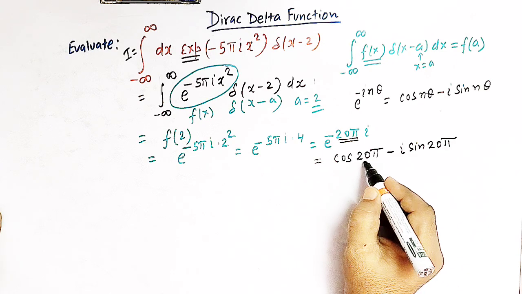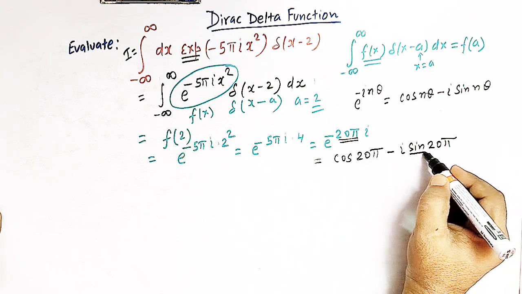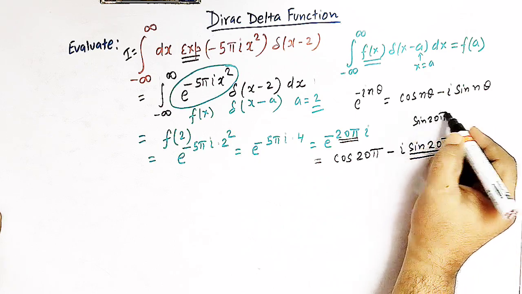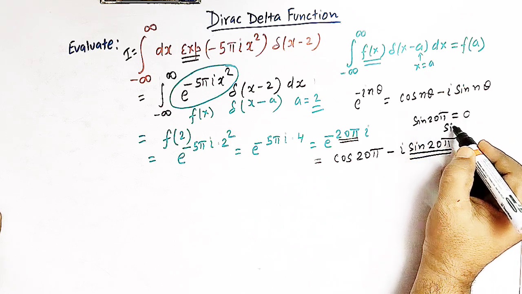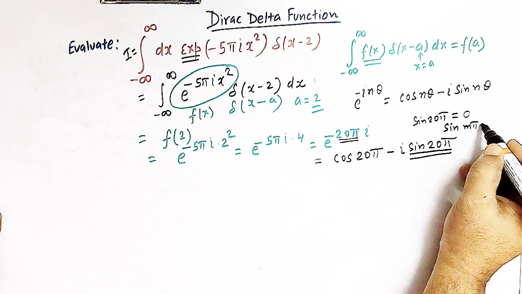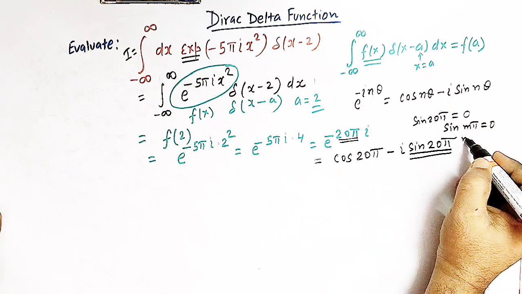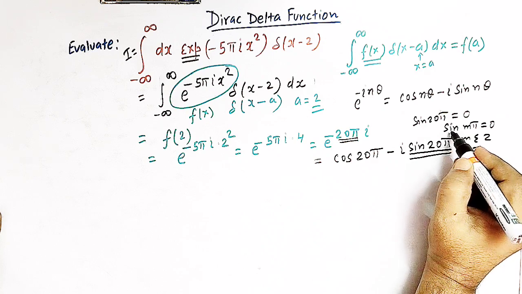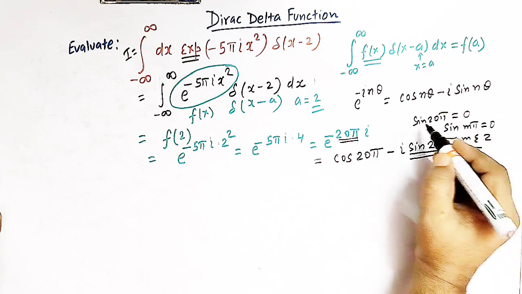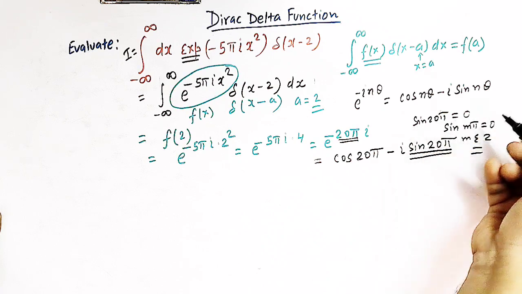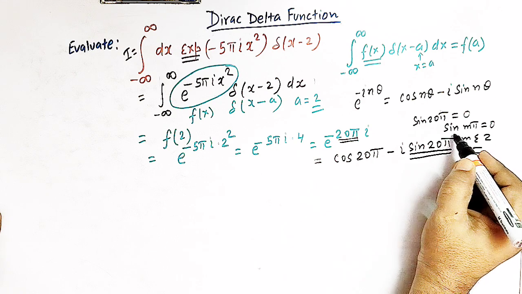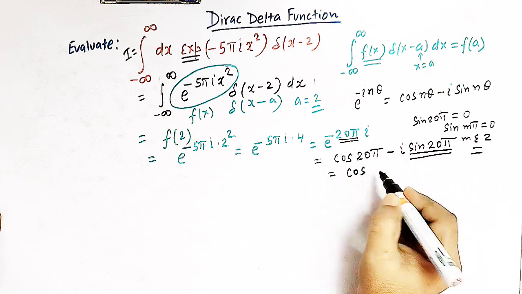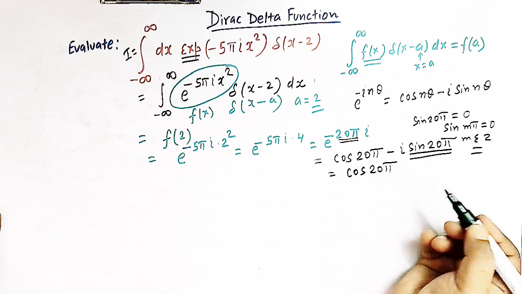Okay, now see the value of sine 20 pi is equal to 0, because we know that sine m pi is equal to 0, where m belongs to the set of integers, right? So sine m pi is equal to 0, and sine 20 pi is also equal to 0. So this term goes to 0. So we are left with only cos 20 pi.